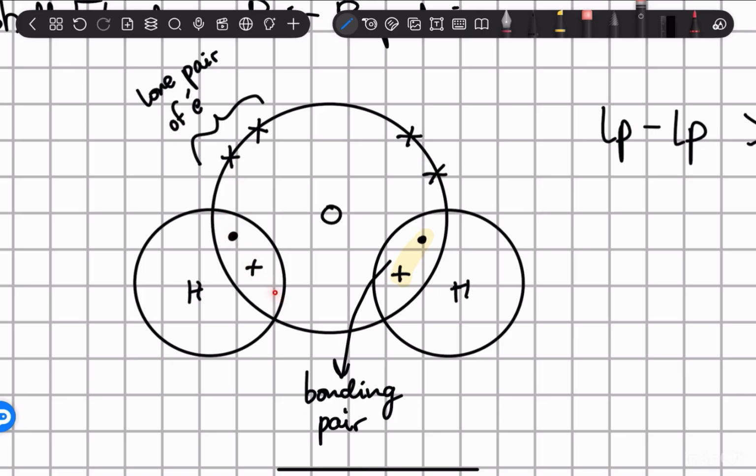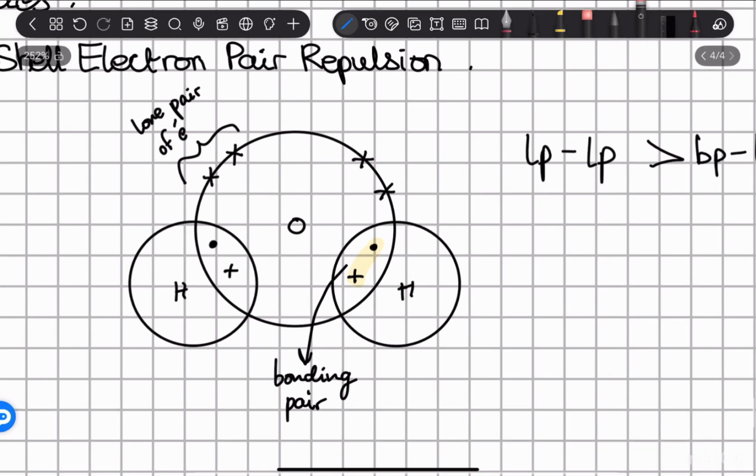So this is the bonding pair of electrons, the pair of electrons that are directly involved in forming that covalent bond. The lone pair is not involved. Now, when we're determining shapes of molecules, it's important to note that pairs of electrons like to repel each other, because as you know, like charges cannot stay together.